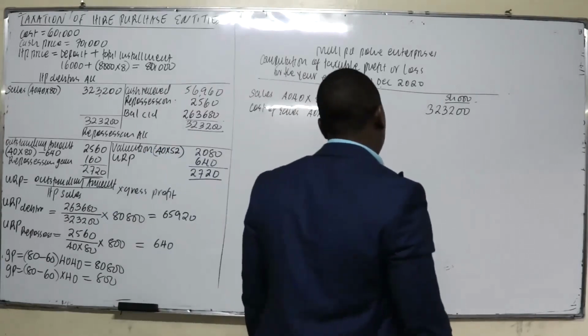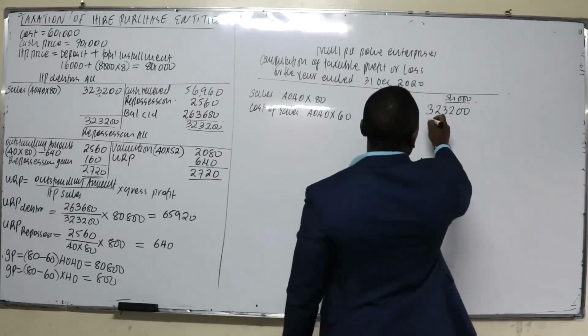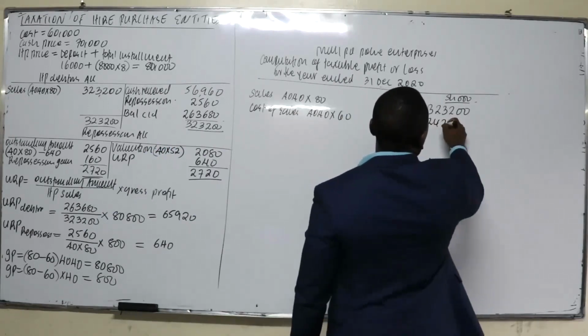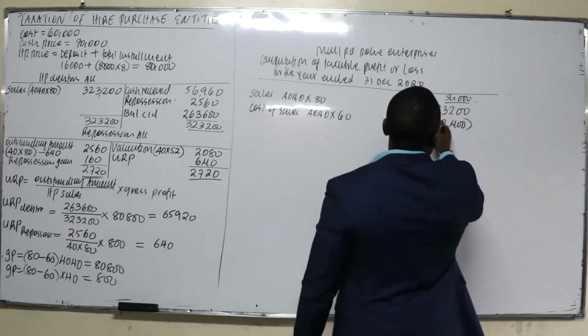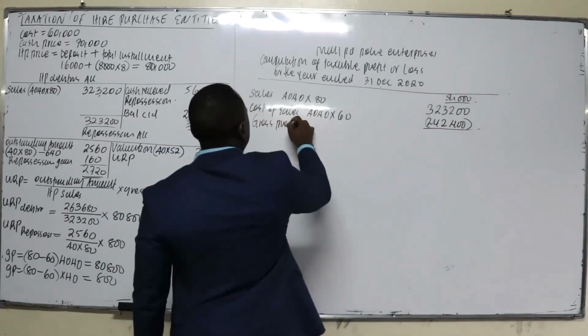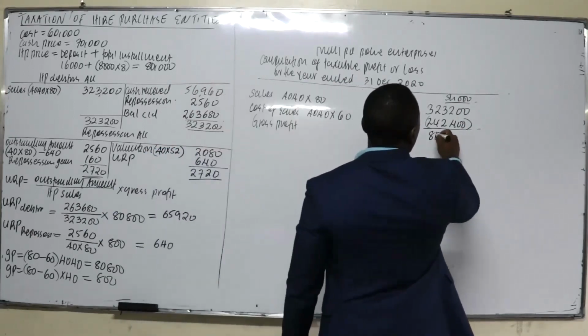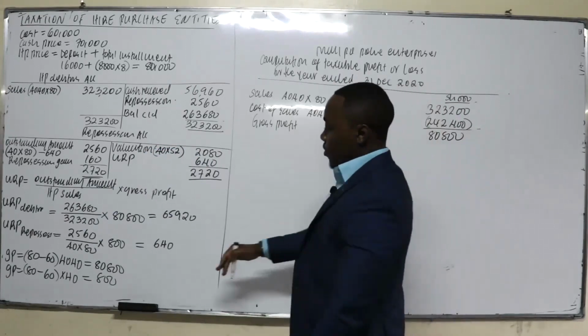So how much is that? 240,400. So how much was the gross profit then? Was it 8,800? 8,800, and that's what we had computed here.